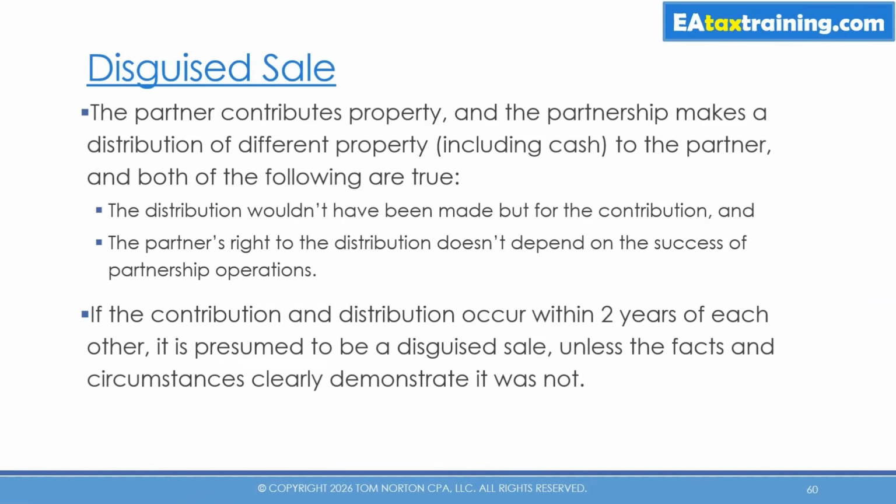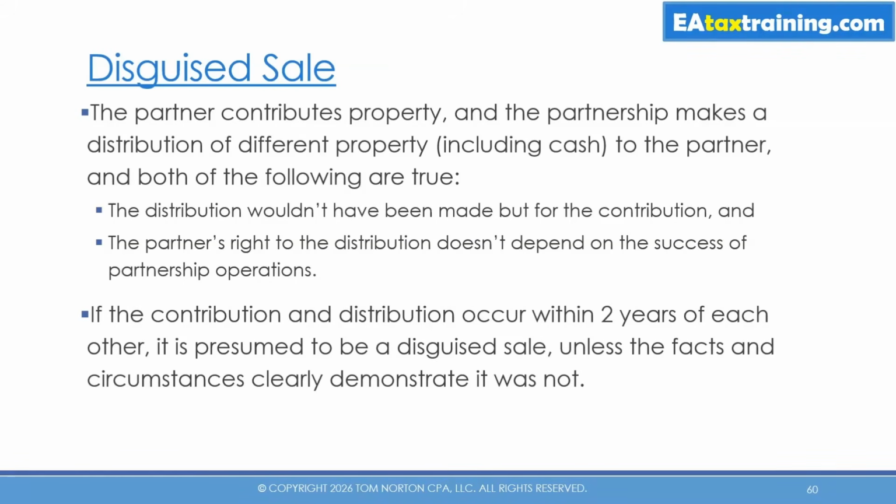When is this going to apply? Well, if the partner contributes property and the partnership makes a distribution of different property, including cash, to the partner, and both of the following are true, then it's going to be considered a disguised sale. First of all, the distribution would not have been made but for the contribution. So if the partner had never contributed the property, the partnership never would have distributed the cash.